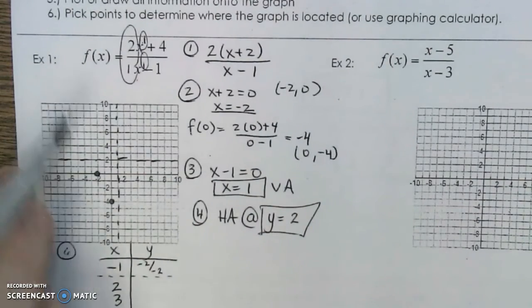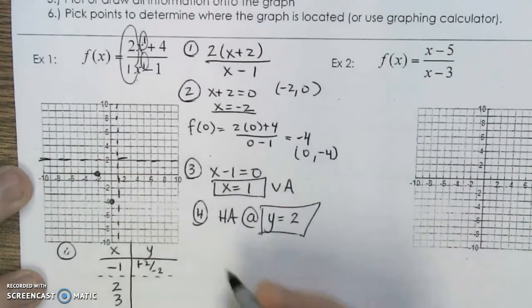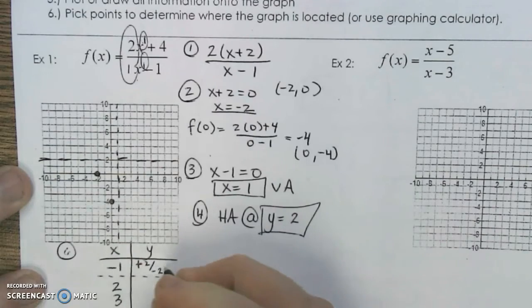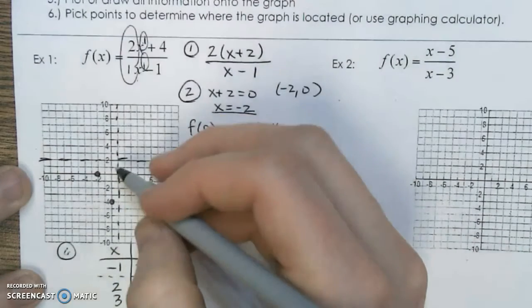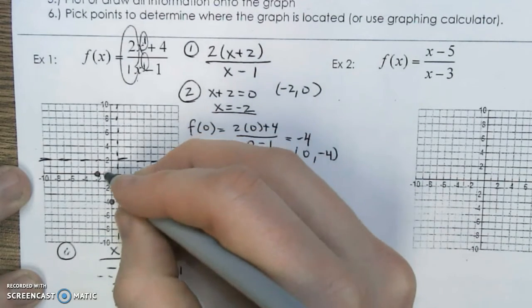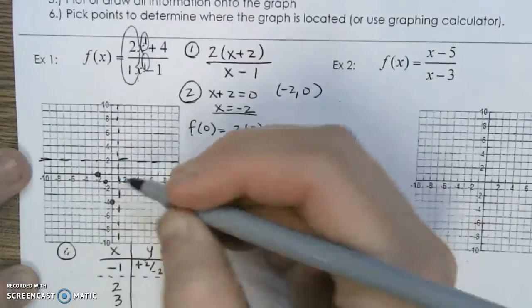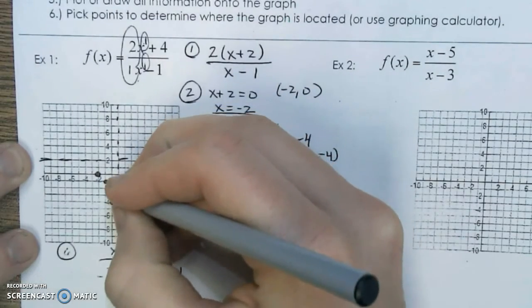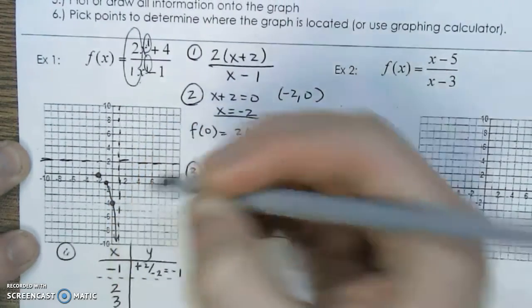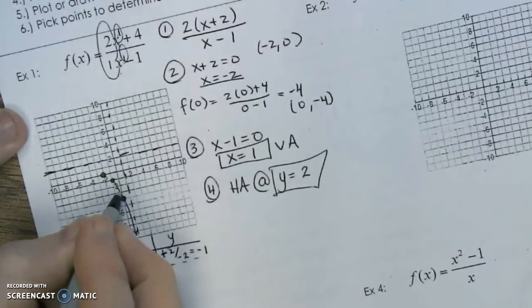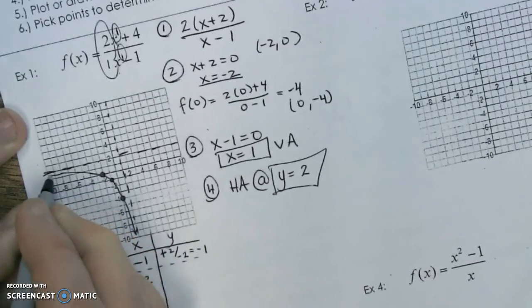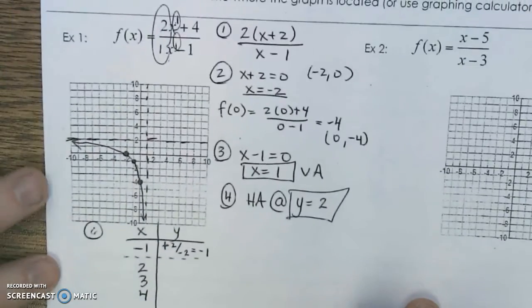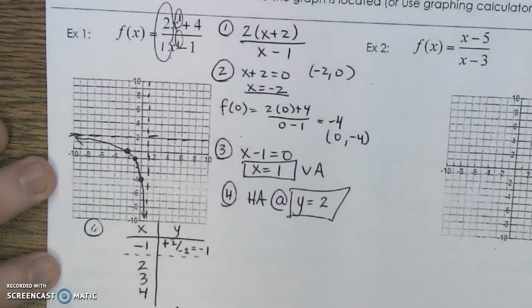If I plug in -1 up here, I get +2. So I get +2 divided by -2, which is -1. So I've got -1 at -1. And 3 points, I think, is enough to kind of see the curvature of what's happening over here when we know it's going to approach the dotted lines, so we can see the curve.